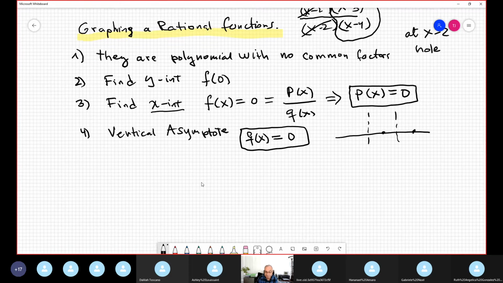What is the number 5 step? Number 5 step is horizontal or slant. Remember, they are mutually exclusive. If we have horizontal, we have no slant. If we have a slant, we have no horizontal. But both, impossible. And how do you find that? Well, using the analysis of the degree.